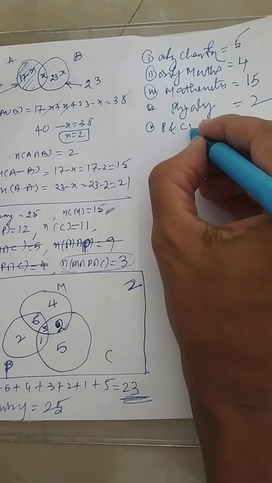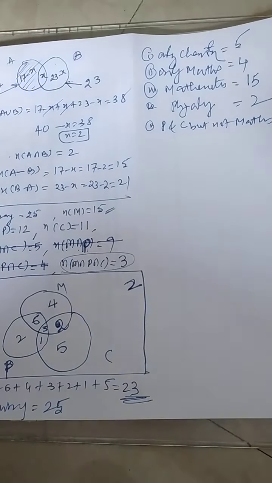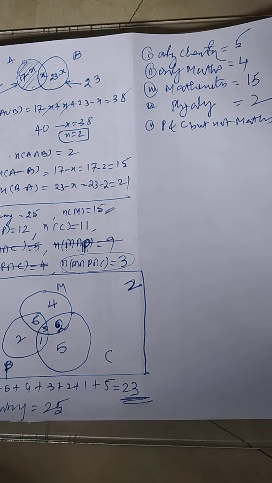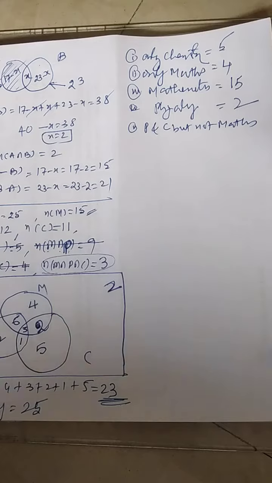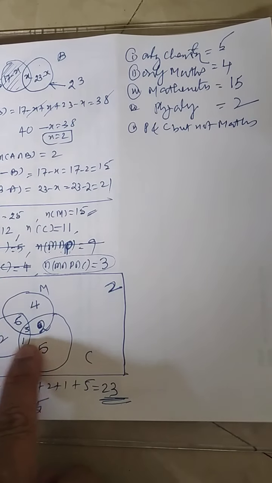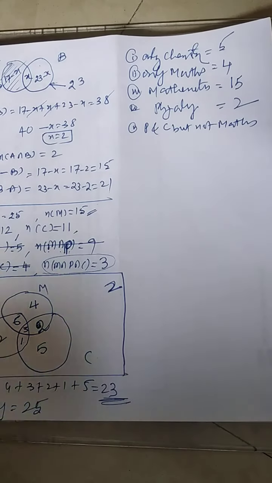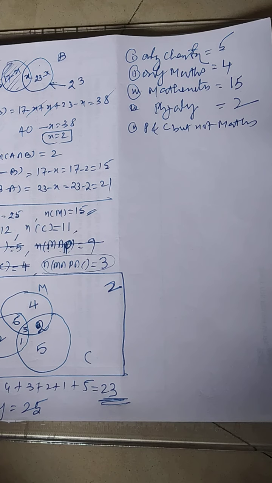Physics and chemistry but not maths. What do you think, which portion will be there? They should take physics and chemistry but not maths. So this is the portion. So what is coming? 2 plus 1 plus 5.